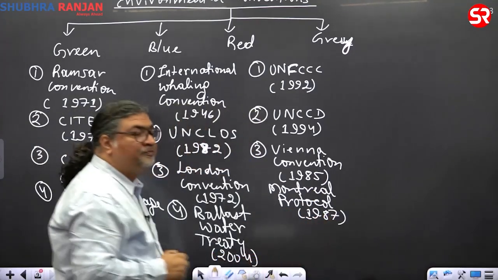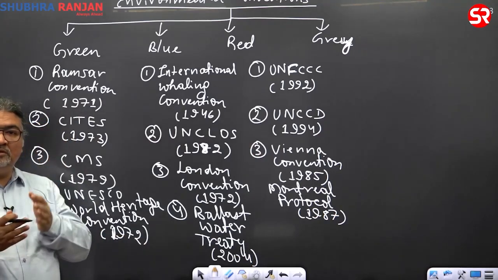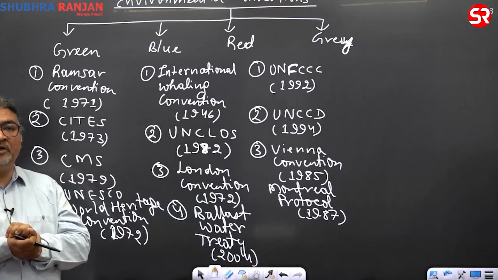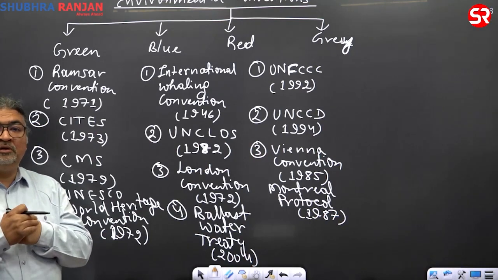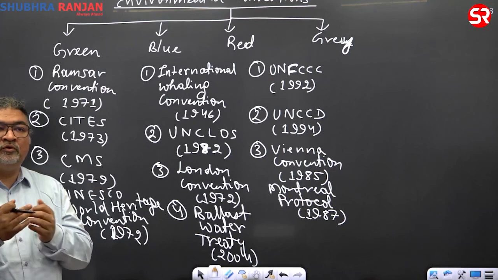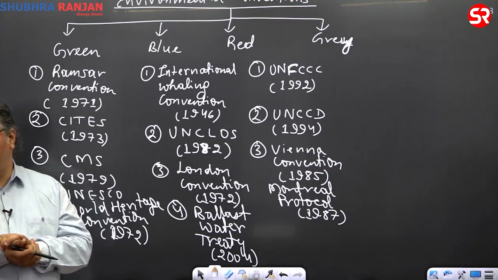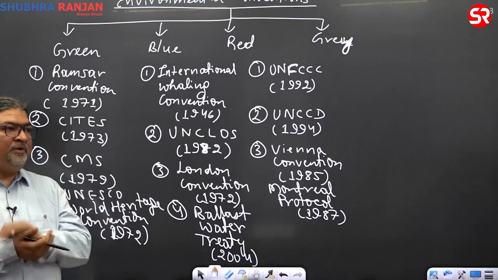We saw in the classroom recently that Kigali was brought to control HFC, hydrofluorocarbon. But you know that the Montreal Protocol was able to phase out the domestic use of chlorofluorocarbon, CFC, refrigerant.